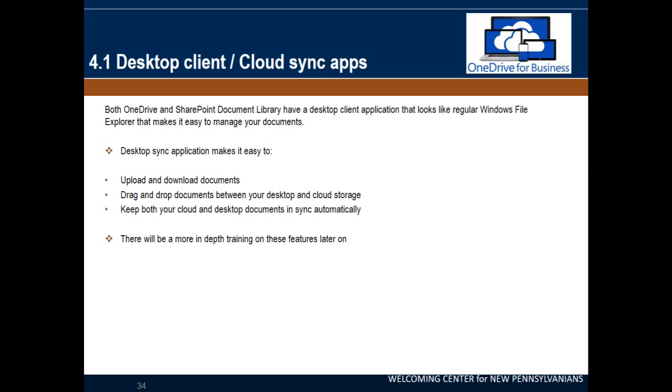Okay. So, Andre, you asked me a question about OneDrive and the SharePoint document library. They are all online. Can you be working on stuff on your computer? This is the answer. There's an application that has to be installed on your computer, and everything will look like it's in your computer.